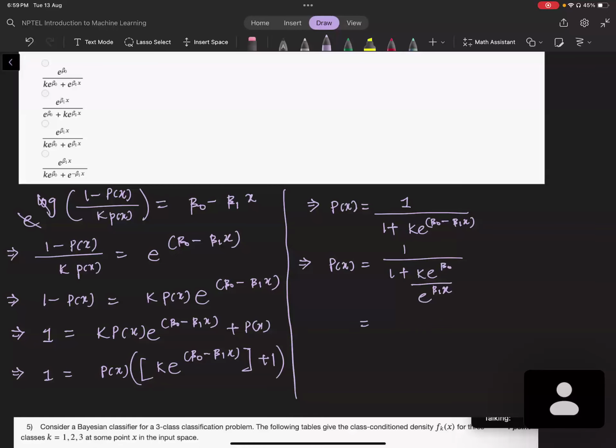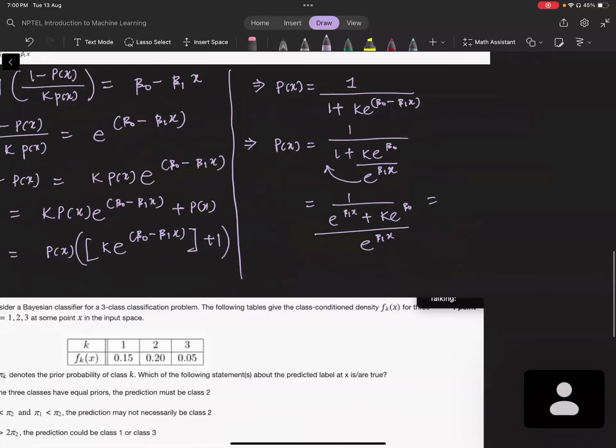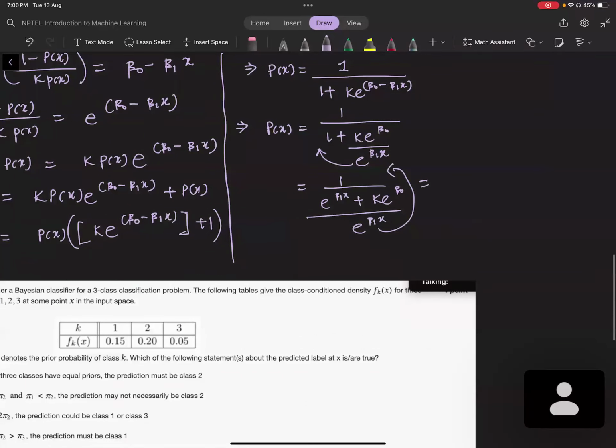To work this out, it will be 1 by e to the power beta 1x plus k e to the power beta 0 by e to the power beta 1x, taking this addition over e to the power beta 1x. If you just reverse it, it will be e to the power beta 1x by e to the power beta 1x plus k e to the power beta 0.